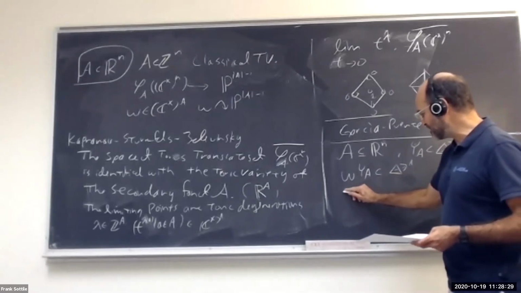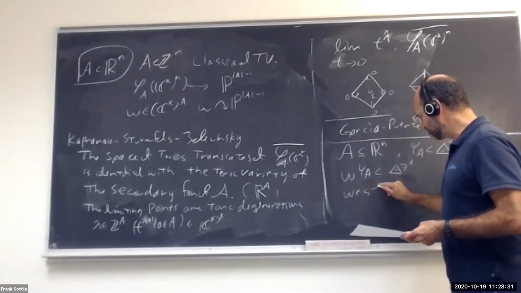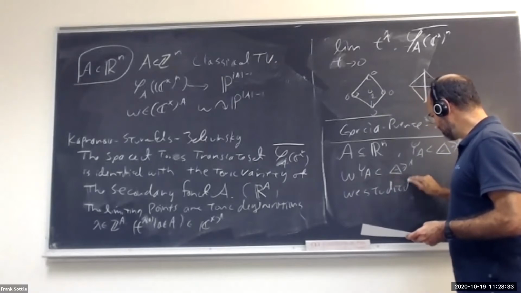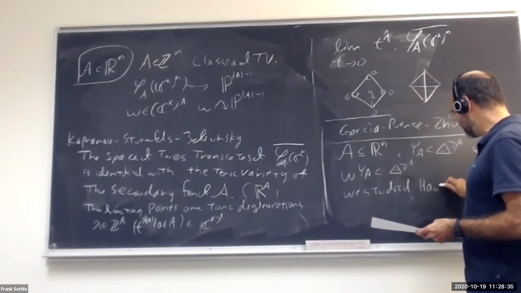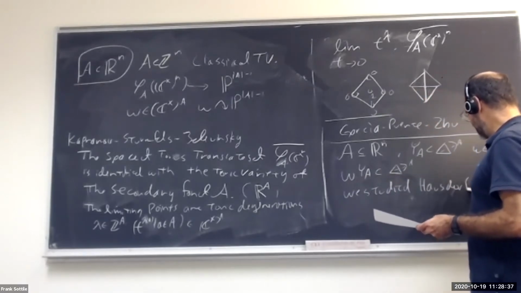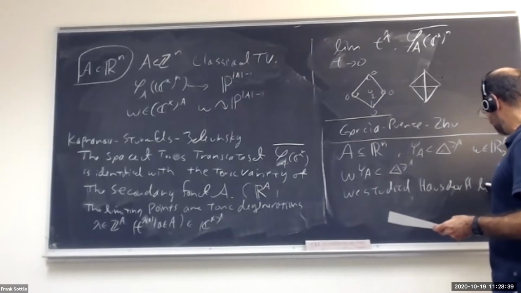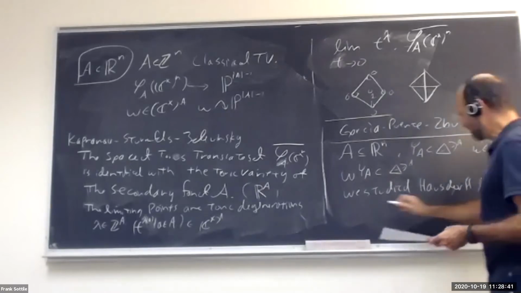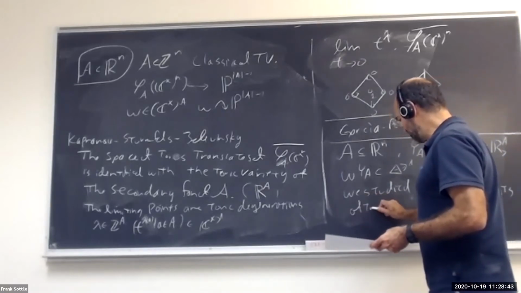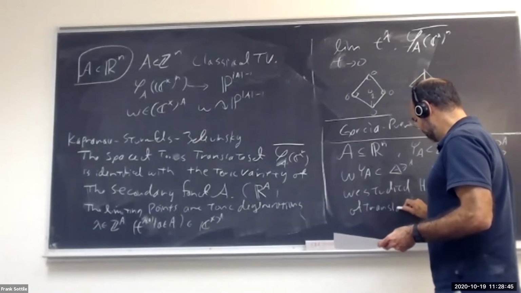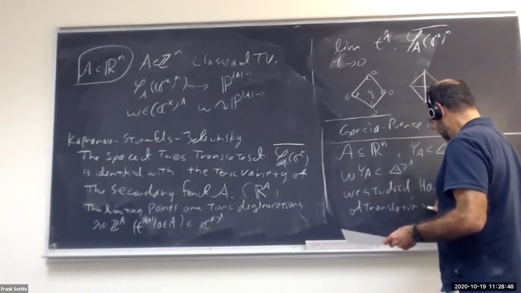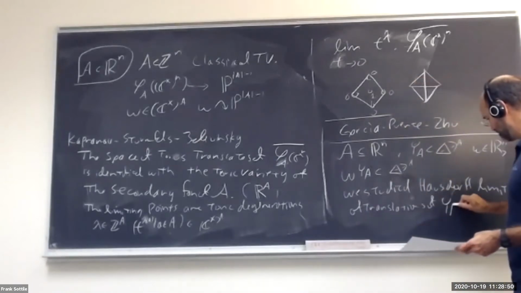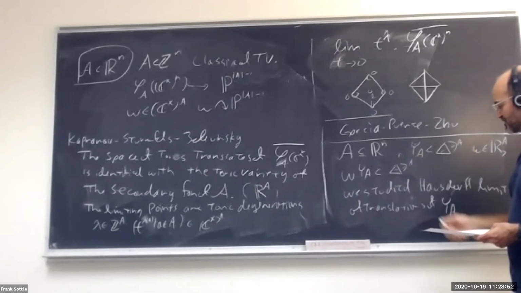And so what we did is we studied Hausdorff limits of translations of this positive real part of this irrational toric variety.